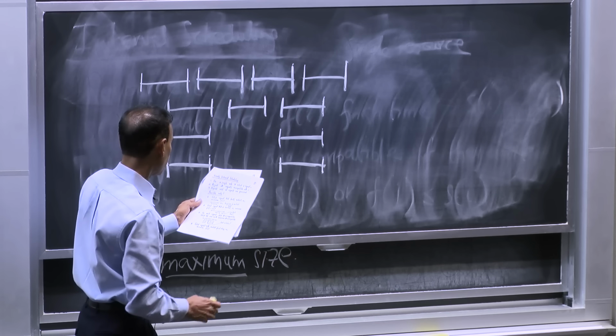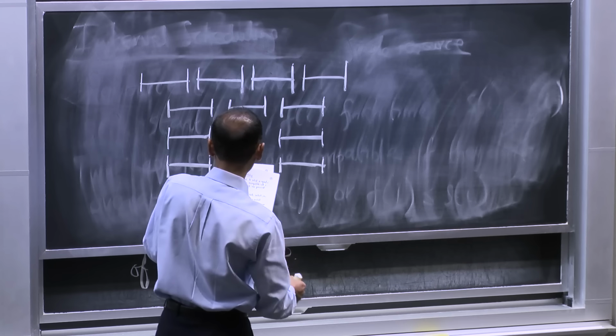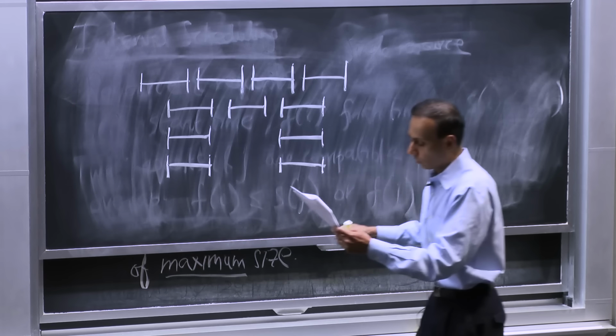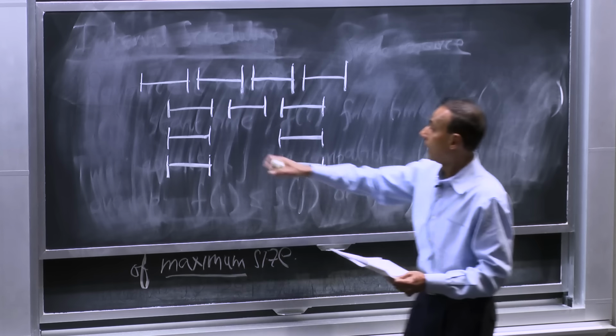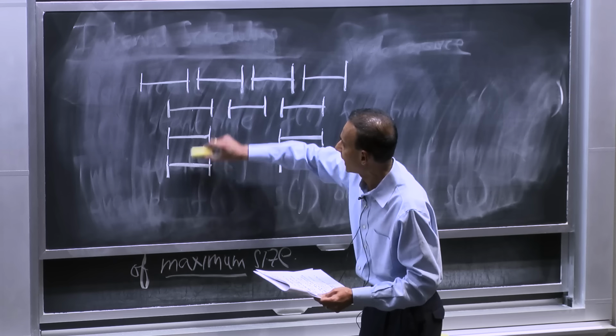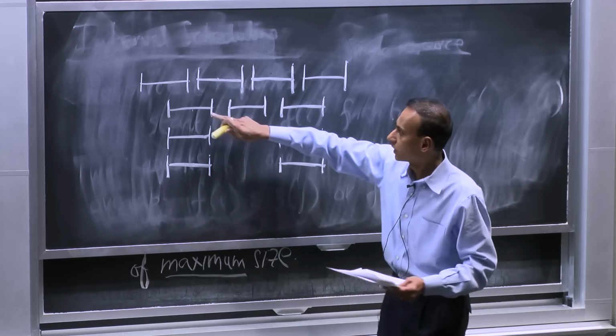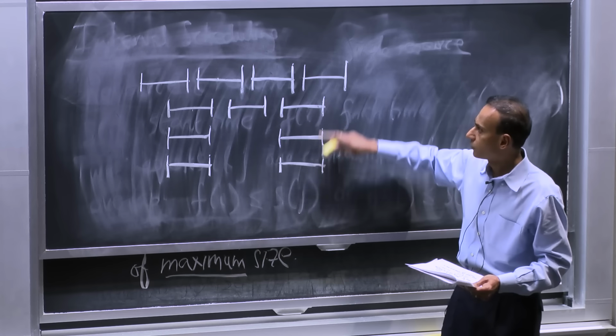So if you look at this, what I have here is just a bunch of requests where this is incompatible with this and that and these two. So clearly a lot of incompatibilities for these, a lot of incompatibilities for these.